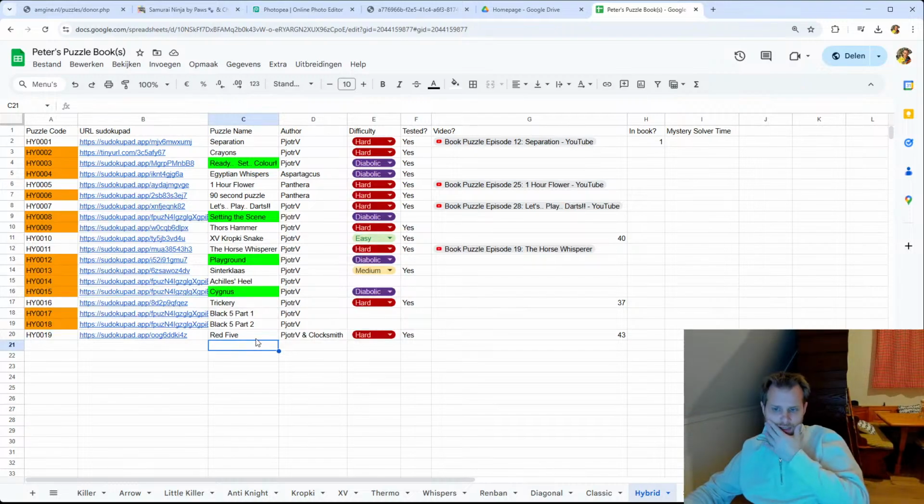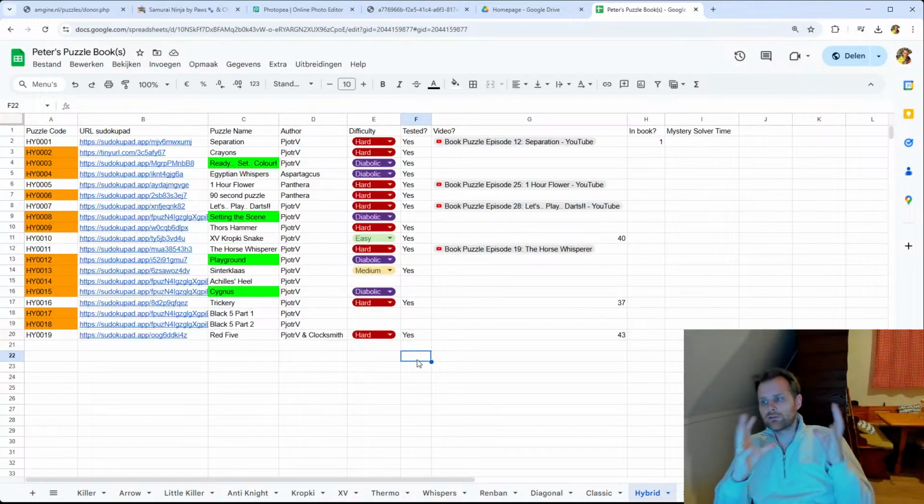So I want 20 of each variant, that's 200, plus another 50-ish hybrids. That makes 250 puzzles for a puzzle book.